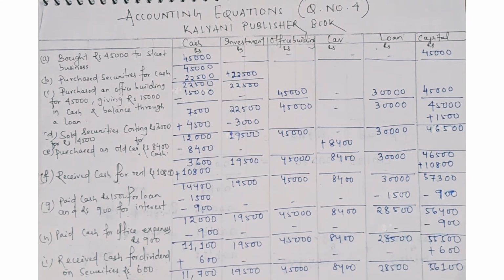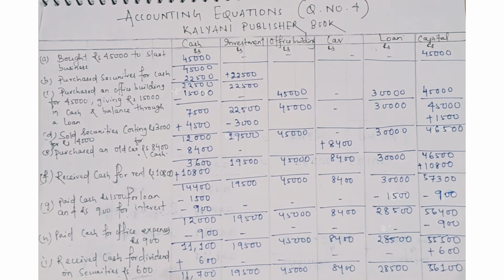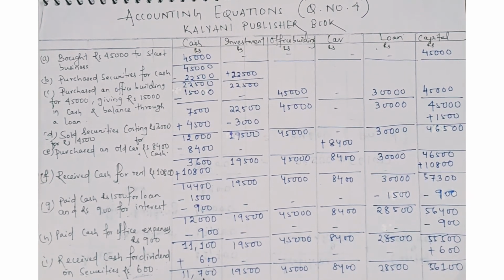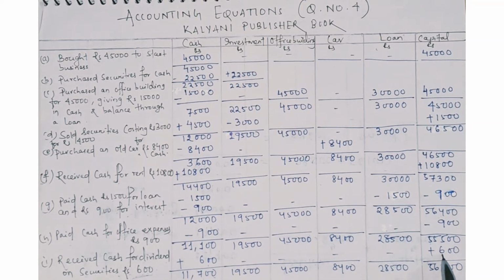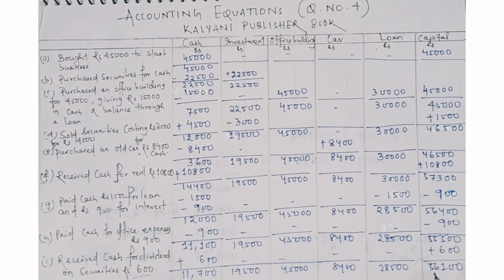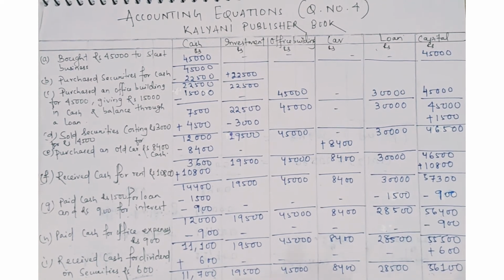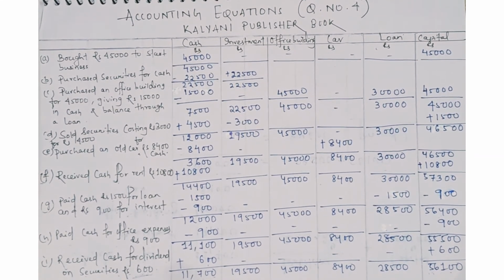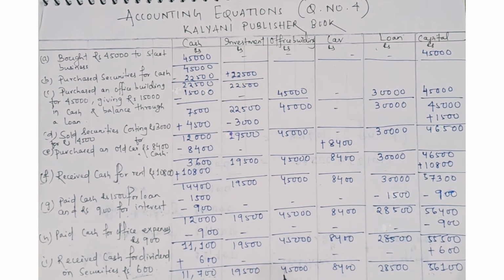Okay, so our cash will be increased with rupees 600 and it becomes 11,700, and dividend being an income will increase the capital. So capital also gets increased with rupees 600 and it becomes 56,100.